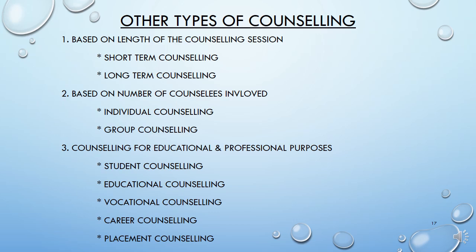Then educational counseling means counseling given in the aspect of education, like choosing the profession, or choosing the course, or choosing the subjects, and so on. Next is vocational counseling, which means selecting a proper vocation, selecting a proper field. Then career counseling, again career and vocational are both the same.